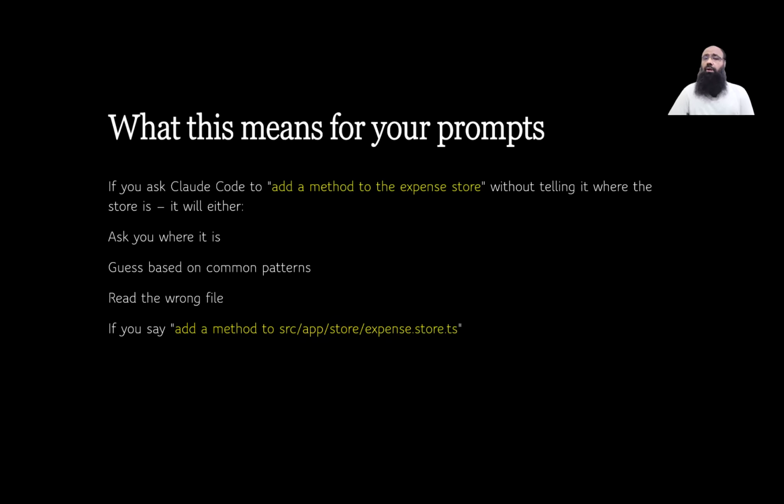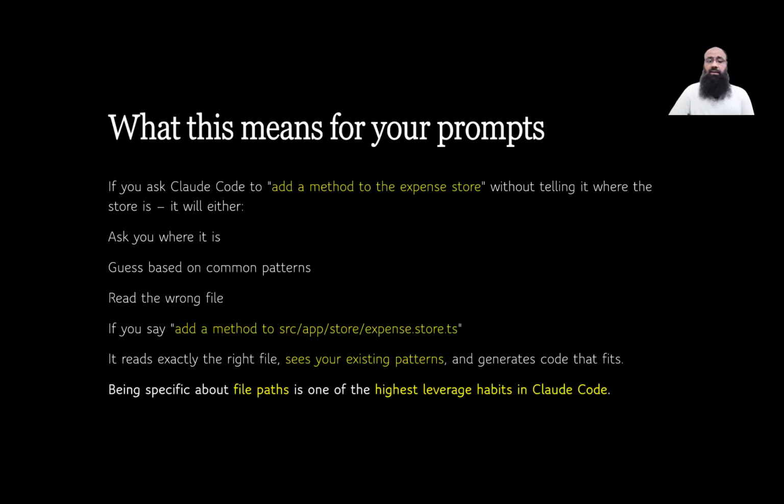But if we do a similar thing with add a method to this file, it knows the exact context, which file to touch. The more limited and precise the context is, the more accurate the results. So it reads exactly the right file, sees your existing pattern, and generates the code that fits in well with those standards. Being specific about file path is one of the highest leverage habits in Claude Code.